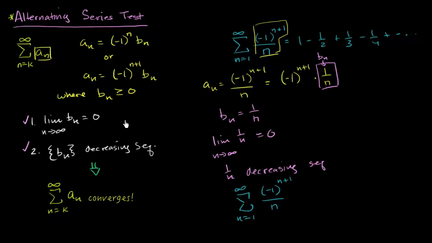If the limit of your terms does not approach 0, then you say, okay, that thing is going to diverge. This test is useful because you can actually prove convergence. Now, once again, if something does not pass the alternating series test, that does not necessarily mean that it diverges. It just means that you couldn't use the alternating series test to prove that it converges.